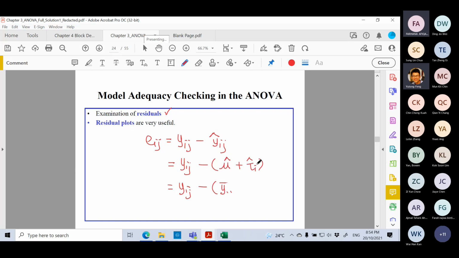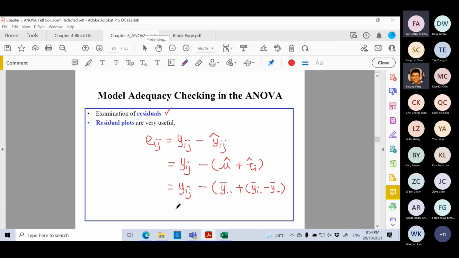So how are you going to estimate the tau effect here? The estimate of the tau effect is given by the mean for each group minus the overall mean. How I get this, you can refer to the textbook.